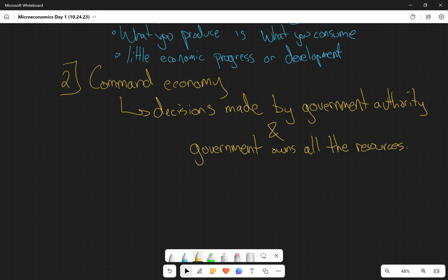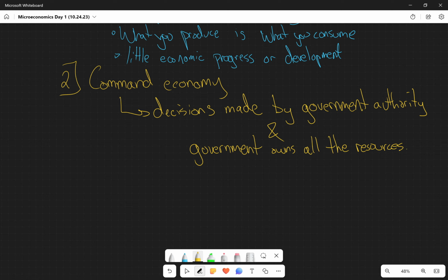All your base are mine. The government decides what goods and services will be produced. So the question of what is produced and how to produce it is dictated by the government.